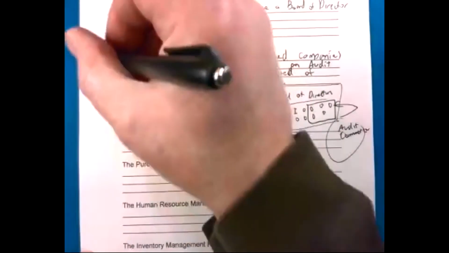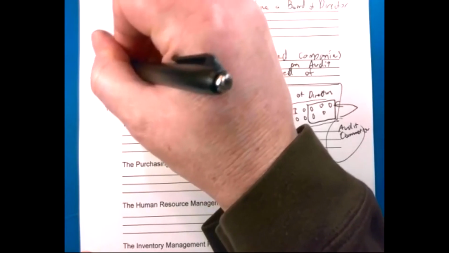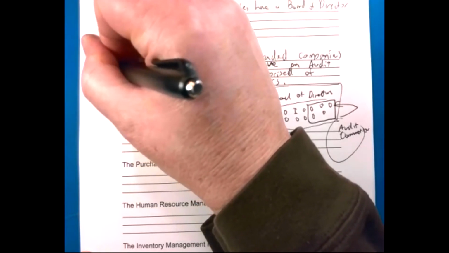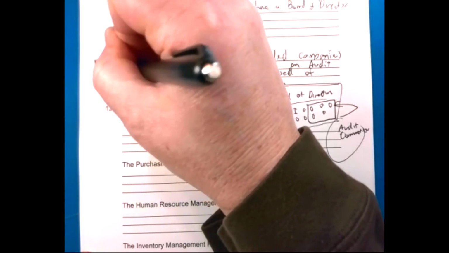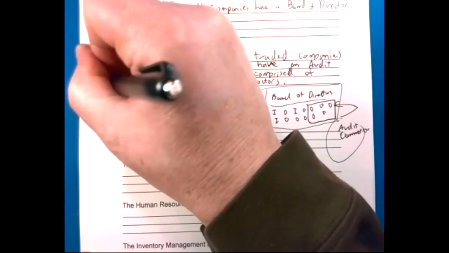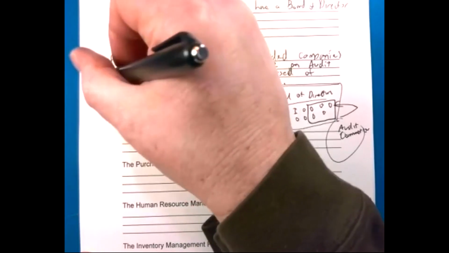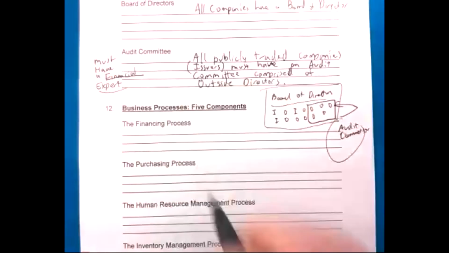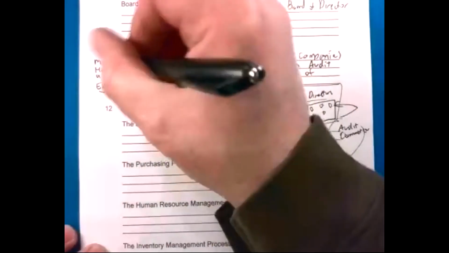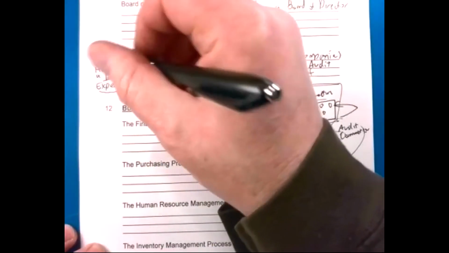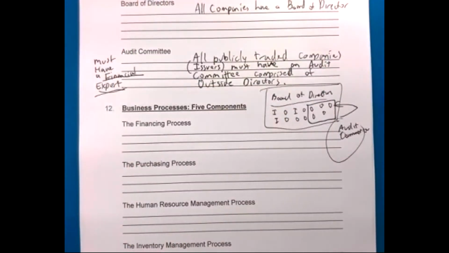The audit committee must have a financial expert. And what they mean by that is somebody who knows about putting together financial statements.